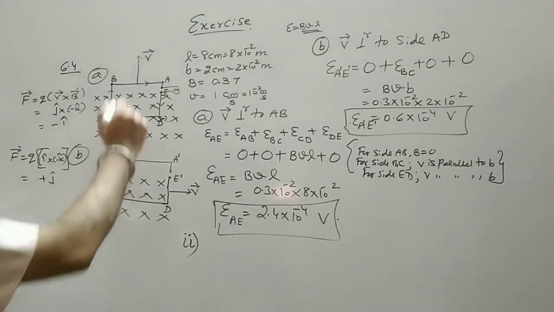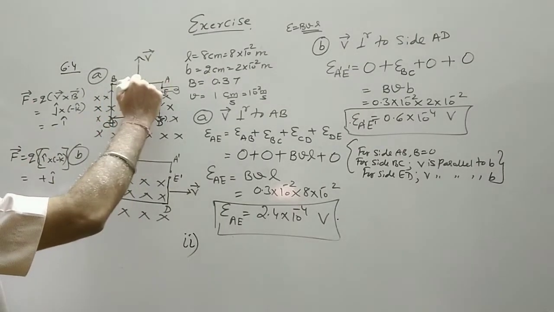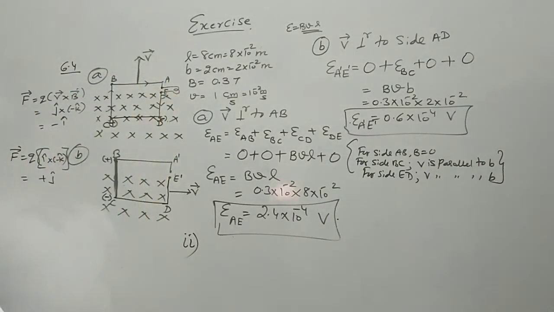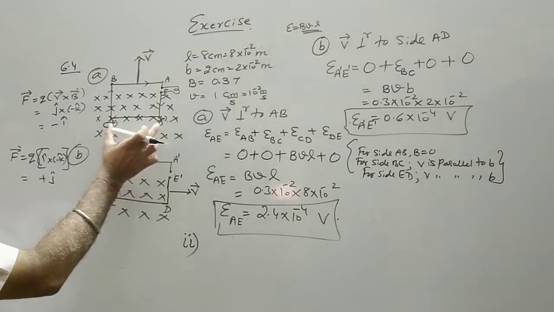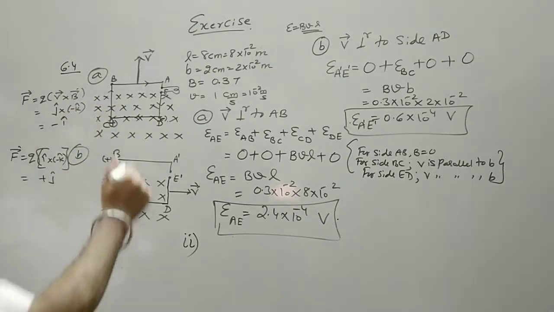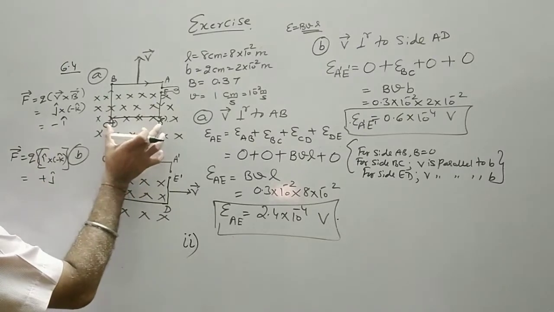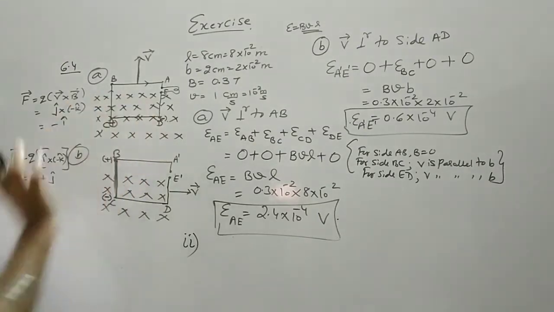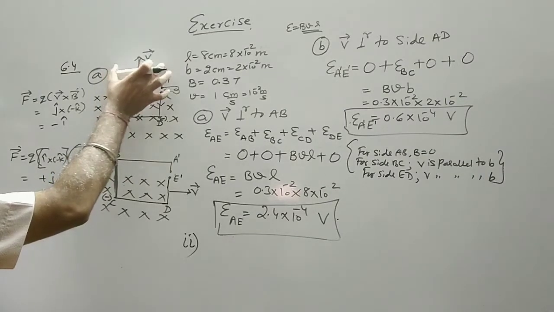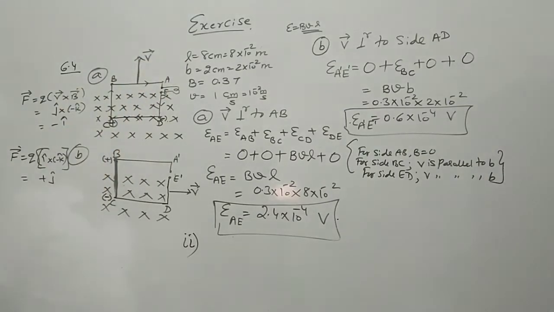So what should be the time when this entire loop EMF will be induced, till this end remains inside the field? The current will flow till this end remains inside the magnetic field. When this end comes outward, the magnetic flux will become zero and no current will be induced.